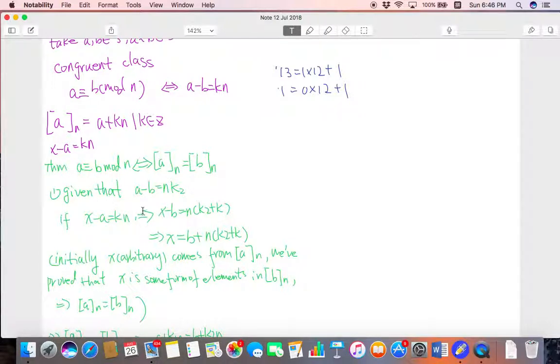This is what one side we are trying to prove, and adding a new piece of information that A minus B is a multiple of n, you just combine them together, and you find that x is equal to B plus n times some integer, and that is the definition for x to be an element in the congruent class of B modulo n.